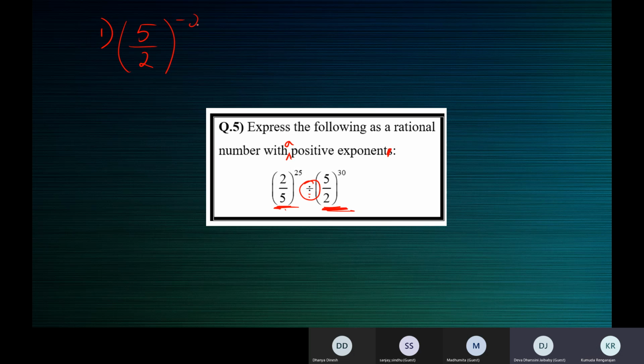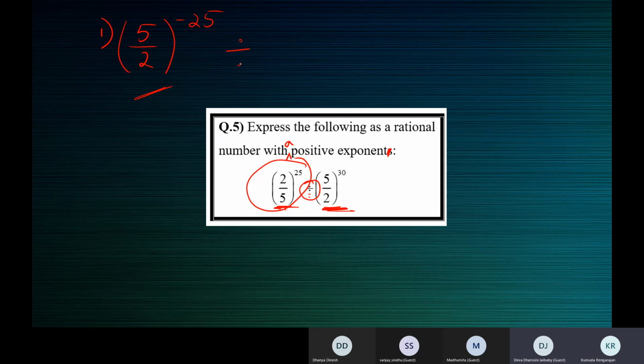Reciprocal of the base, negative of the power will give us the equivalent of the expression. 2 by 5, the whole power 25, can also be written as the reciprocal of the base, 5 by 2, to the negative of the power, minus 25. It's the same as what we have written here.